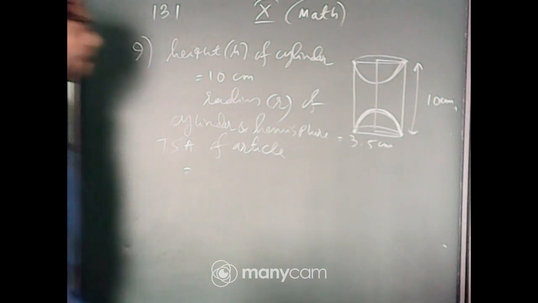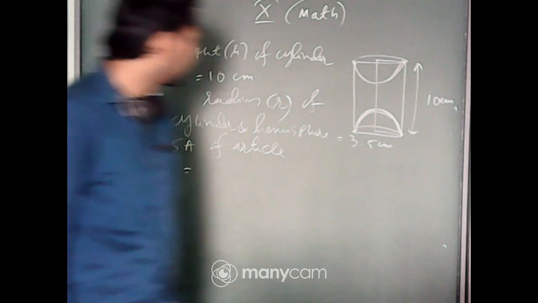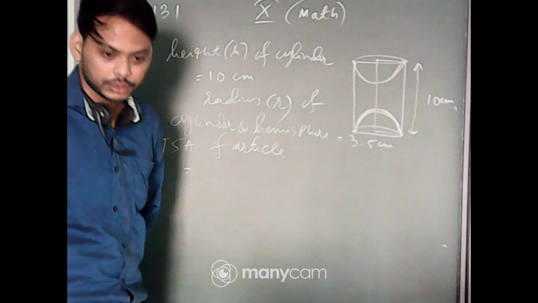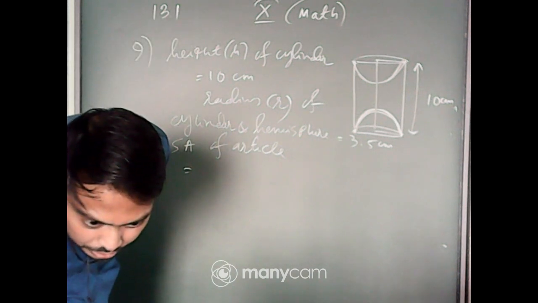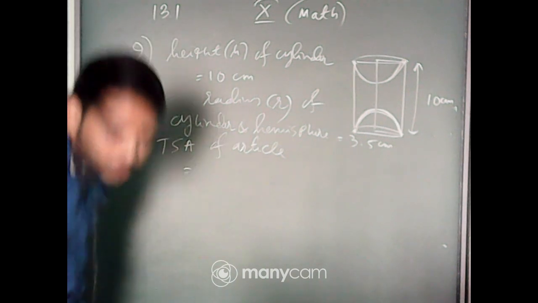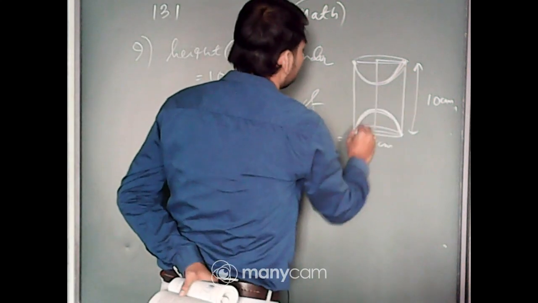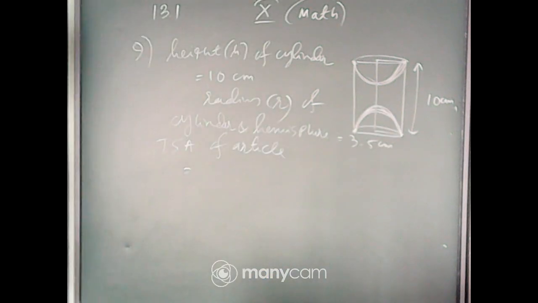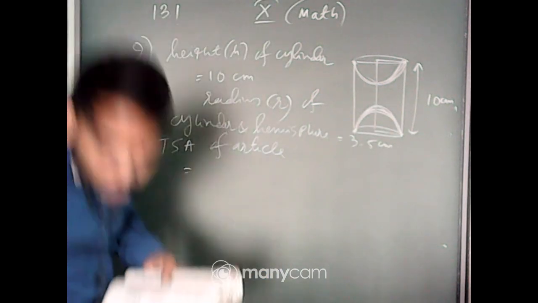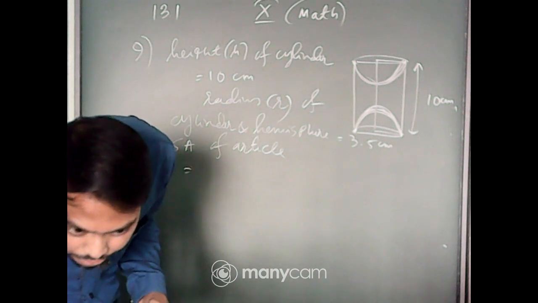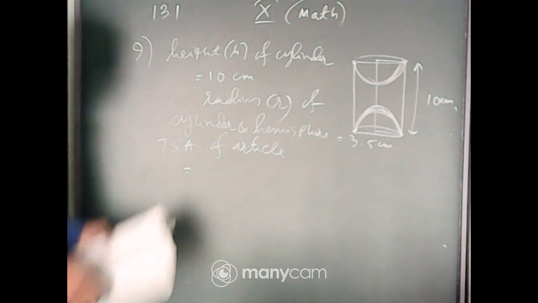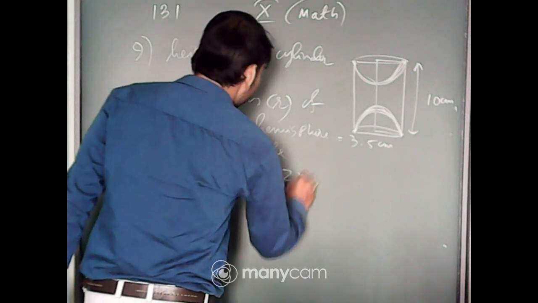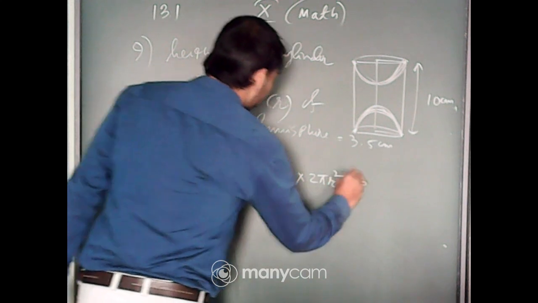The TSA of the cylinder with that CSA of cylinder, CSA of hemisphere, twice the CSA, not only once, here and here also, both the ends are scooped out here. So it will be 2 pi RH plus 2 into 2 pi r square, isn't it?